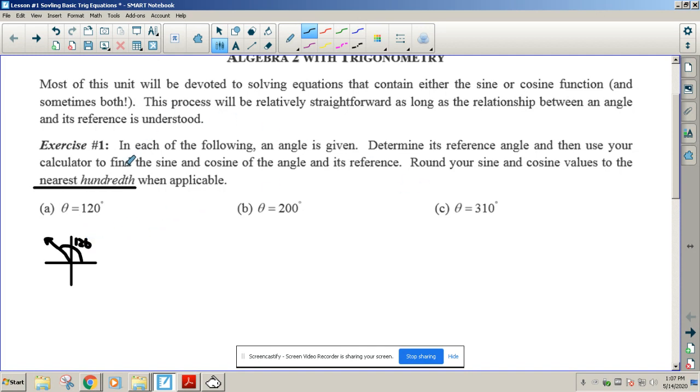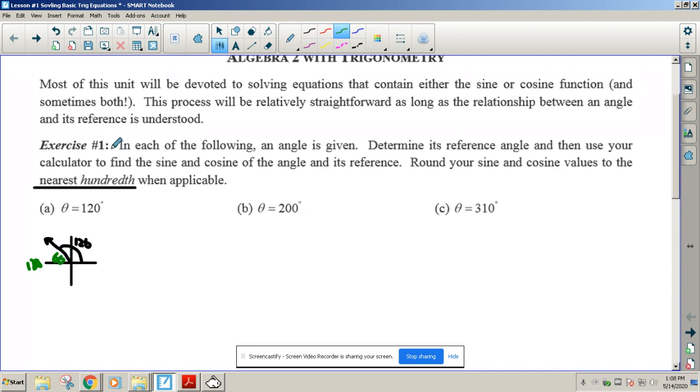But they need us to find the reference angle. So as you recall, the reference angle is what we get when we reference this 180 degrees over here. And that makes this a 60-degree angle.